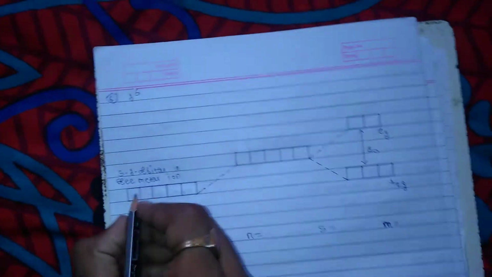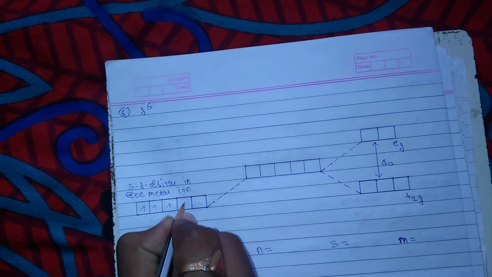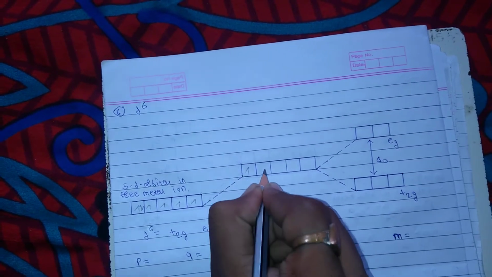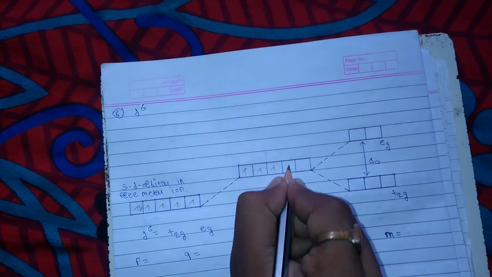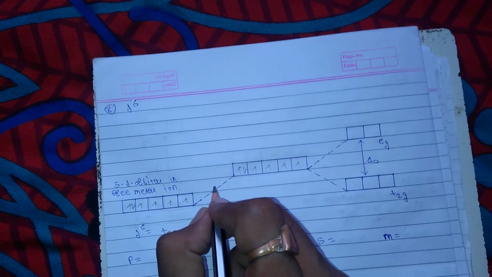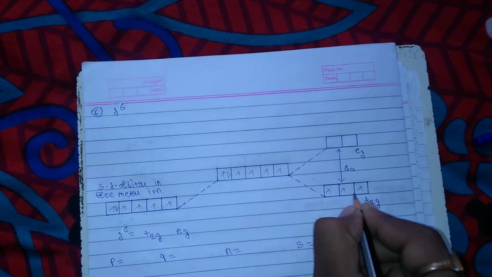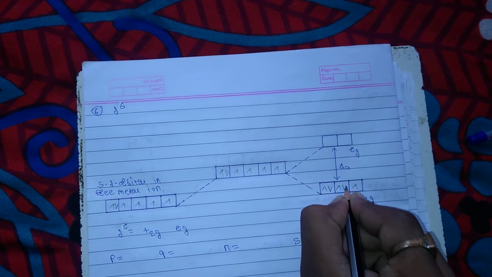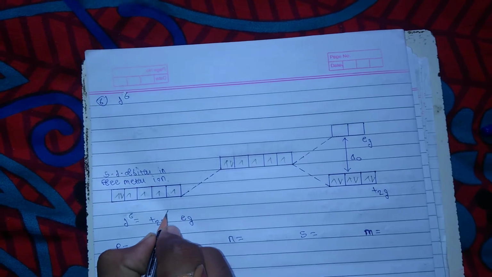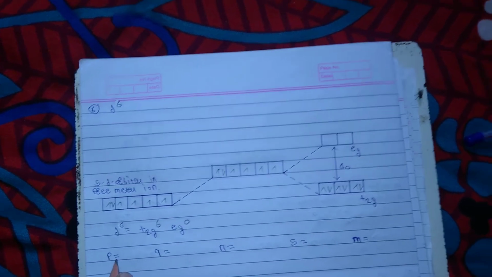Sixth is d6. In the d orbitals there are 6 electrons. These are hypothetical degenerate orbitals. These 6 electrons go in the t2g set. So d6 is equal to t2g6 and eg0.